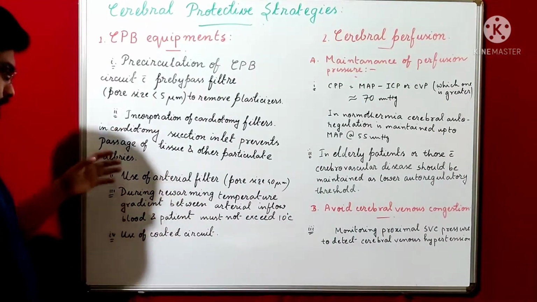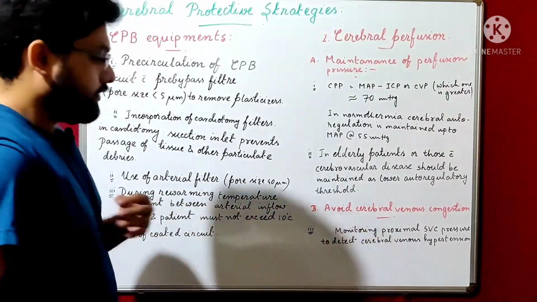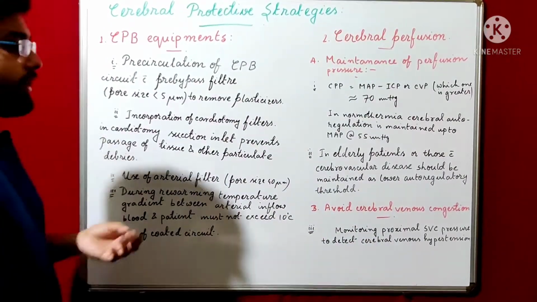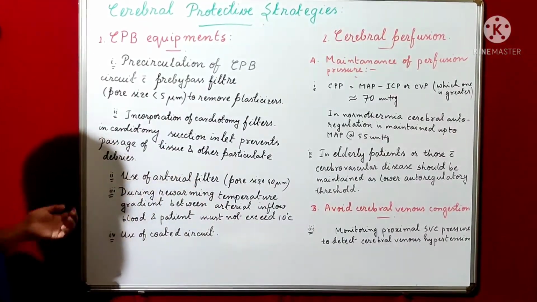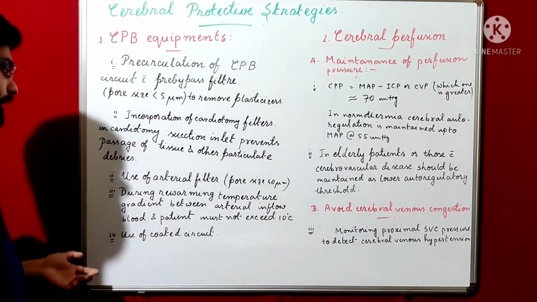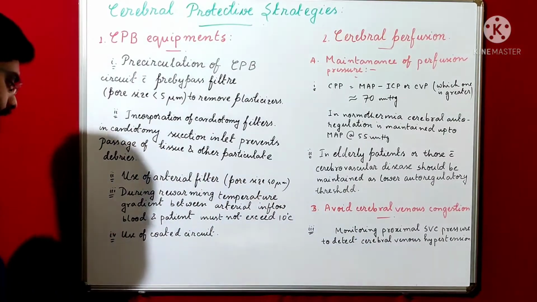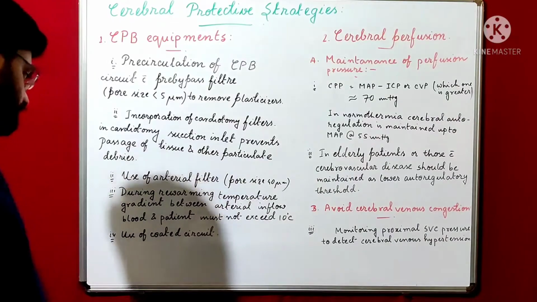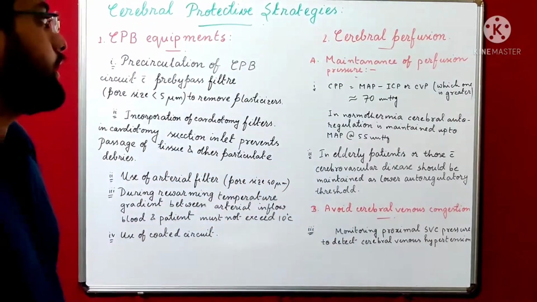So if the temperature gradient is greater than 10 degrees, there will be a higher chance of production of micro-air emboli. So during rewarming, the temperature gradient between arterial inflow and patient outflow must not exceed 10 degrees centigrade. And lastly, use of a coated circuit. Coated means either heparin or Berlin coated circuit.